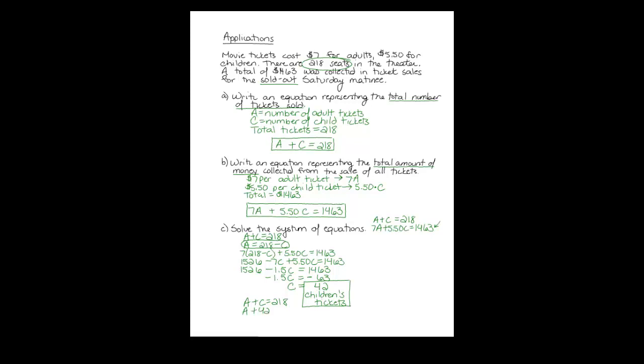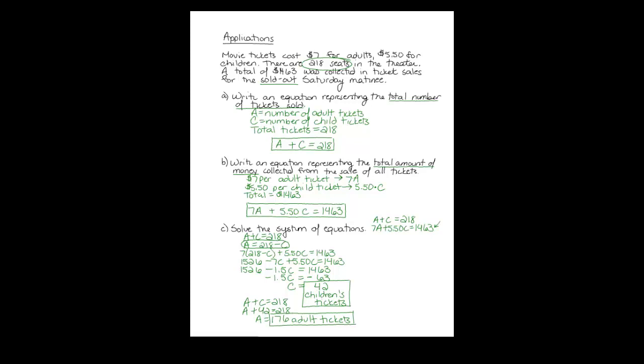So A plus 42 equals 218. Subtracting 42 from both sides, we wind up with A is equal to 176. And these are the adult tickets that are sold. So our answer is that 42 children's tickets were sold and 176 adult tickets were sold.